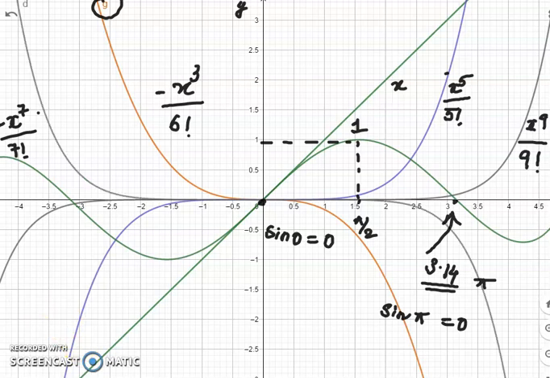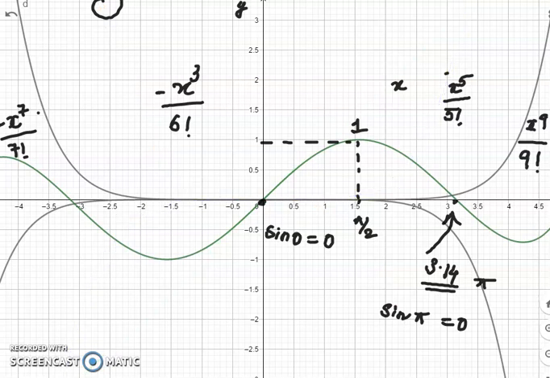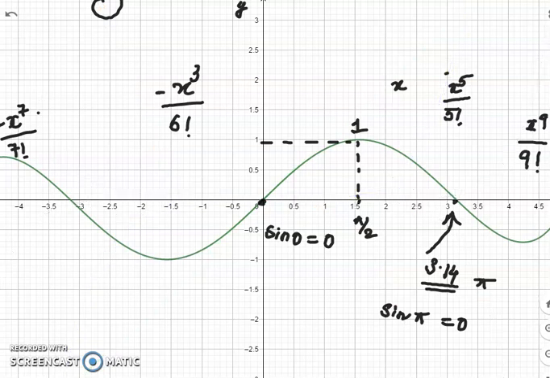Next is x power 7 by 7 factorial, and the last one x power 9 by 9 factorial. By adding all these functions, we finally generated a perfect sinusoidal function. Its maximum amplitude is 1, and it exactly crosses the x-axis at 0 and 3.14, and its peak is at pi by 2, 3.14 by 2.